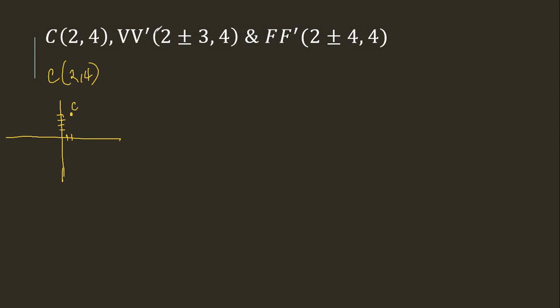As you can see, that is 2, and this is 4. So that's for the center. So what we have added here is 3. So that means our a is equal to positive, negative 3. Tama? So saan tayo nag-add? Kay x. So we can say that the transverse axis is parallel to x-axis.